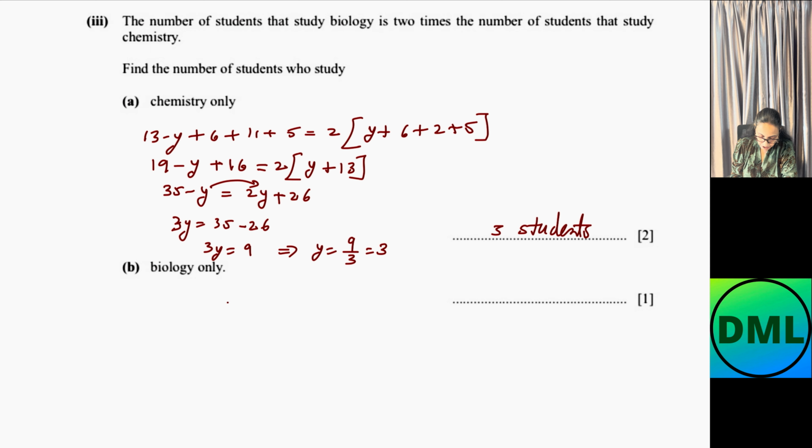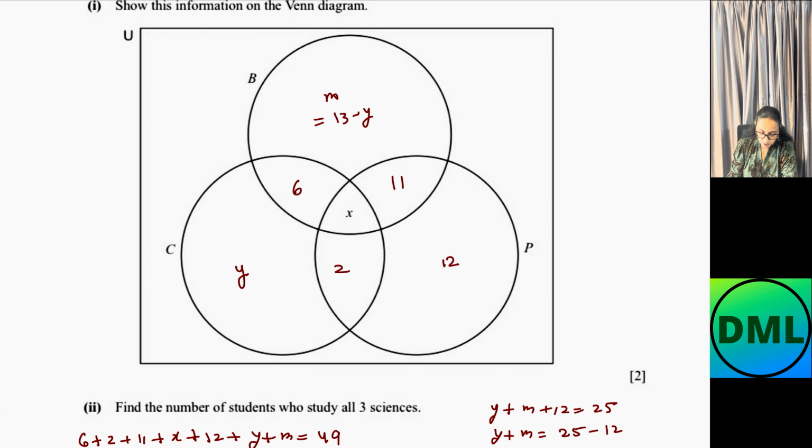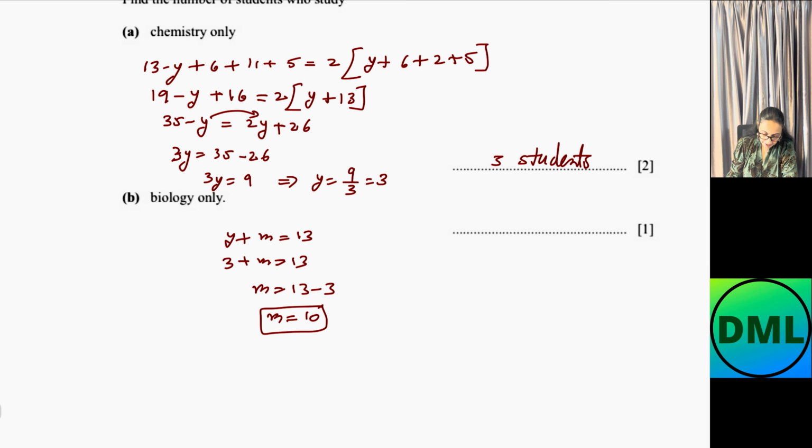We have the relation that y plus m is equal to 13. Let's substitute the value for y: 3 plus m is equal to 13. M is equal to 13 minus 3, so M is equal to 10. M was the students who study only biology, so my answer for only biology is 10 students.